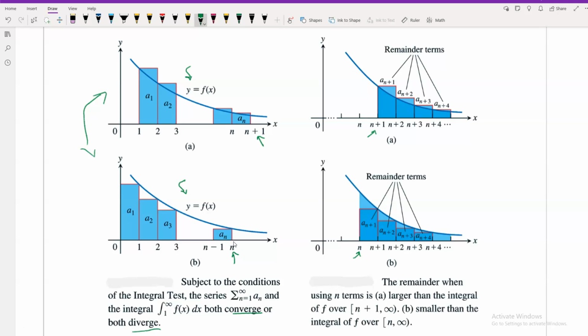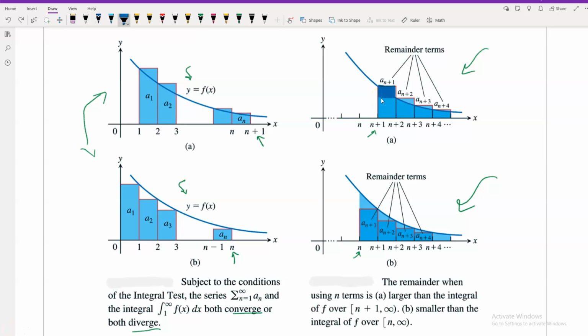Here we have remainder terms. So the remainder when using n terms is, here in part A, larger than the integral of f from n plus 1 to positive infinity, and the remainder when using n terms is smaller than the integral of f from n to infinity.